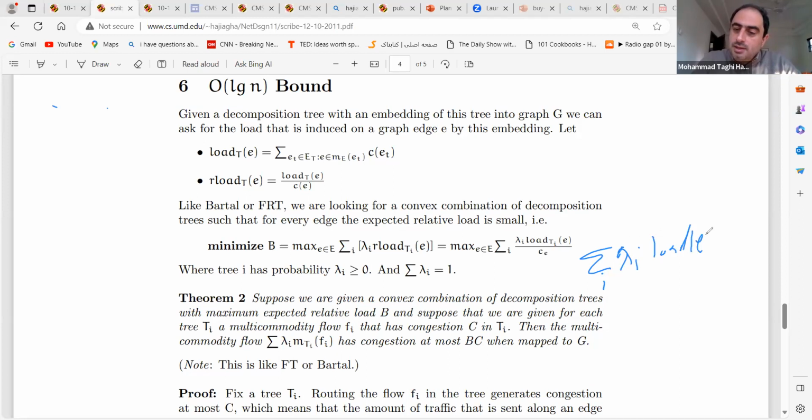Load E is less than or equal to beta times C. And as I mentioned, we know that this beta you can get as log n or theta log n, depending on whether you want to have spanning trees or just some trees.